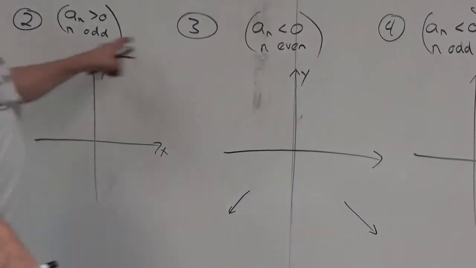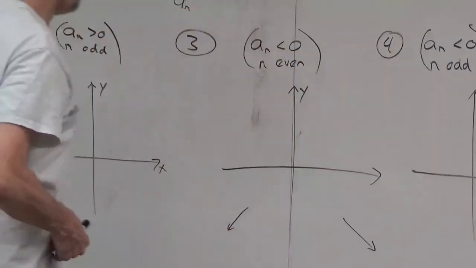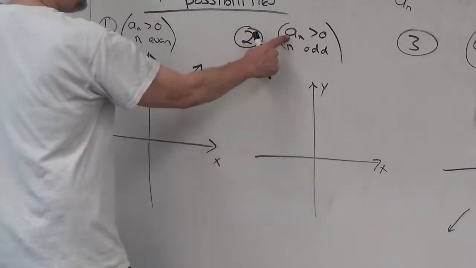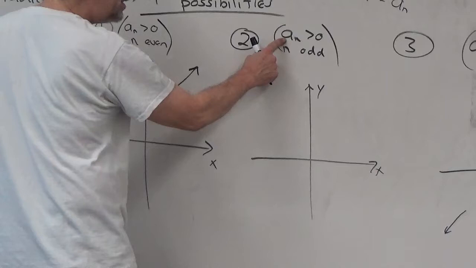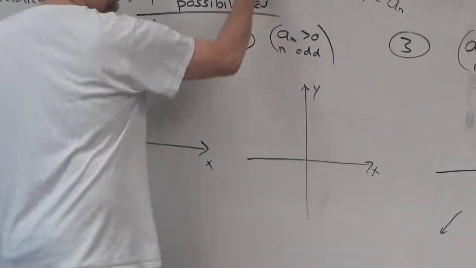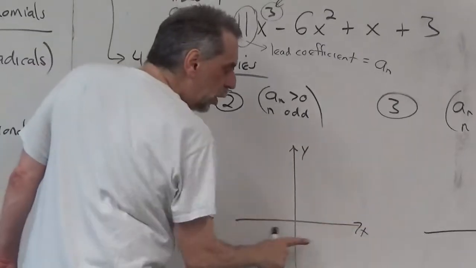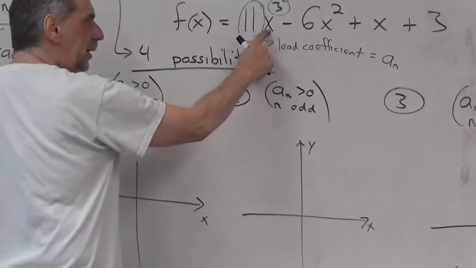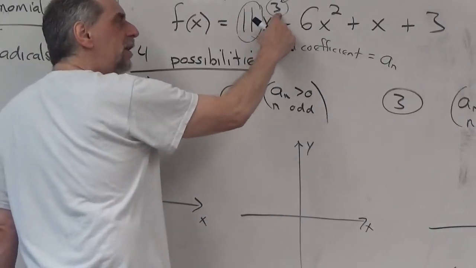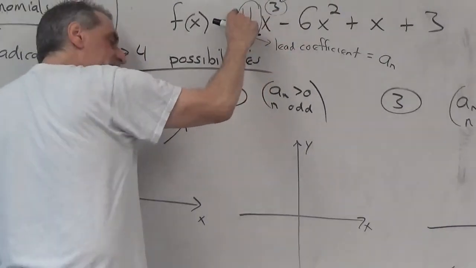When n is odd is when you're going to get one rising and one falling, depending on what the lead coefficient is. So here, we have a lead coefficient that's positive and a degree that's odd, which is the case we have here. So if we put a very large positive x value in, raised to an odd degree, it's still positive, times a positive.